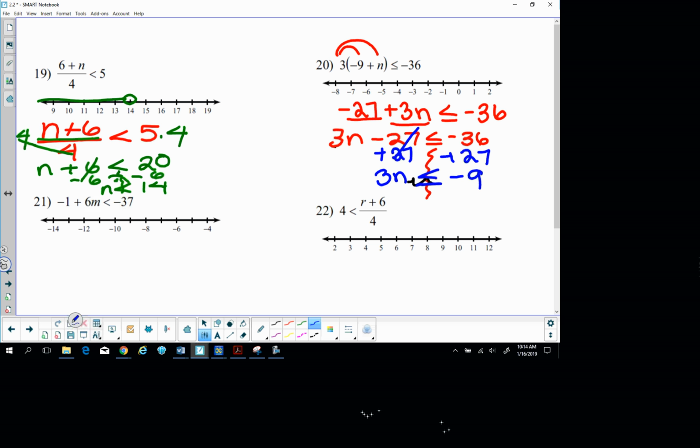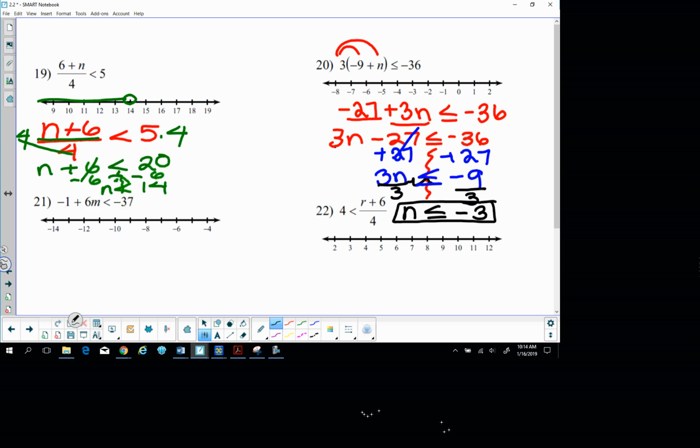Then how do I separate that clean couple 3 and n? N just wants to be alone. Divide. Does the sign flip? No. Only if that girlfriend was a negative Nancy. If she was negative, then that sign would flip. But because it's positive, it doesn't flip. And so I end up getting n. I bring it down. I bring the sign down. And what's -9 divided by 3? Negative 3.